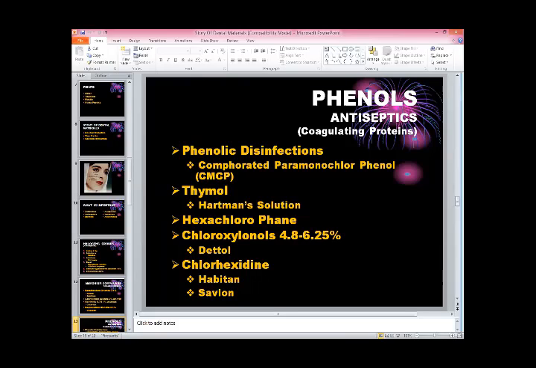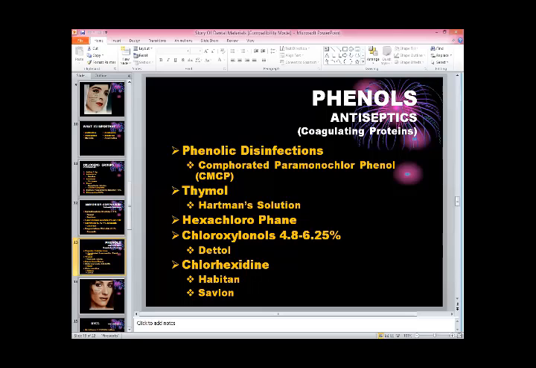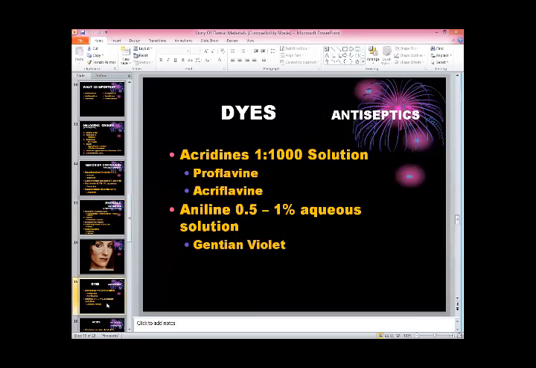So next, we talked about the ammonium compound, phenols, and related substances which we are using, and the next antiseptic quality which we are using: next we are using dyes.